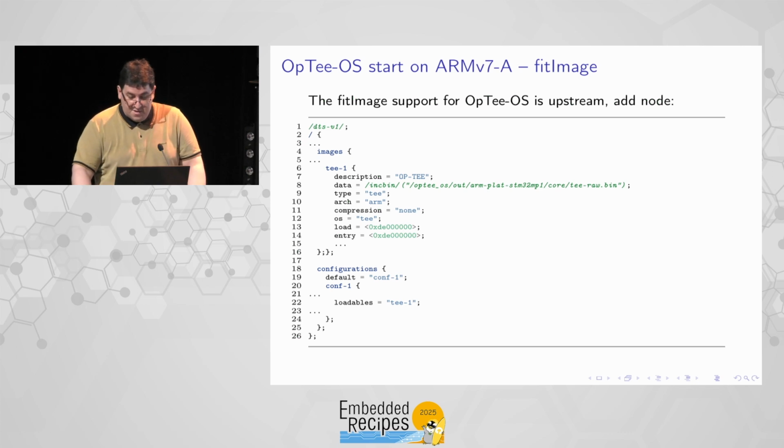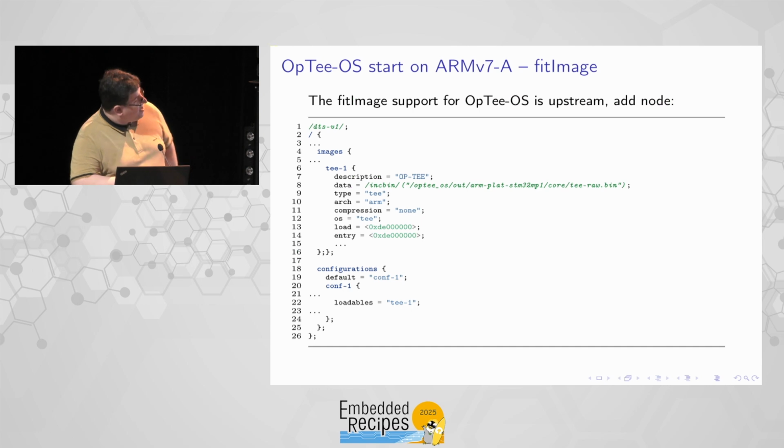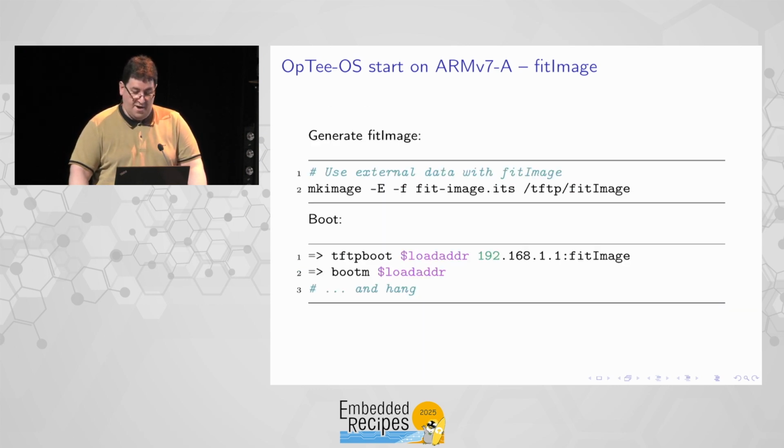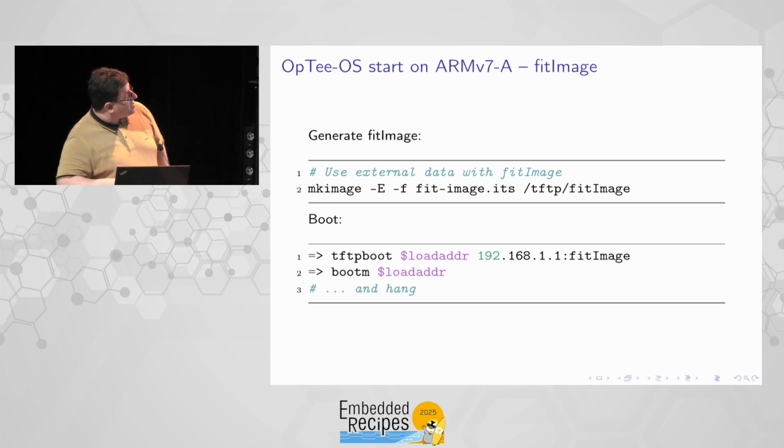And I could simply bundle the TEE raw into the fit image, reference it in loadables, and simply let U-boot boot this kind of a fit image, which would then contain the Linux kernel, the device tree, and the OpTee-OS in this one single bundle, and generate the fit image like this, and it doesn't work.